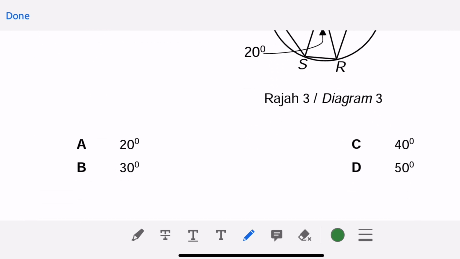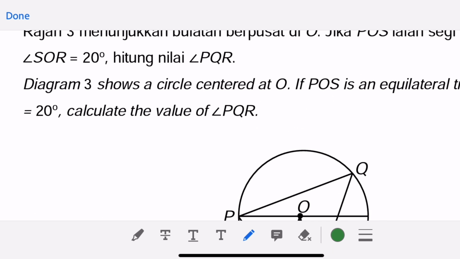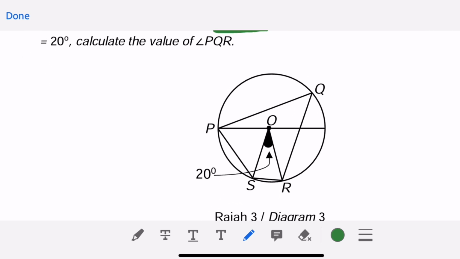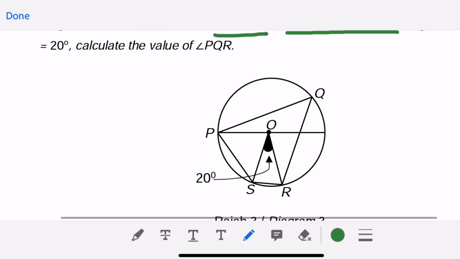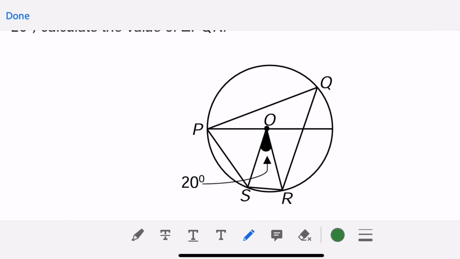For question number 9, the diagram shows a circle centered at O. If POS is an equilateral triangle and SOR is 20 degree, calculate the angle PQR. PQR is the angle at the circumference. So this is 20.